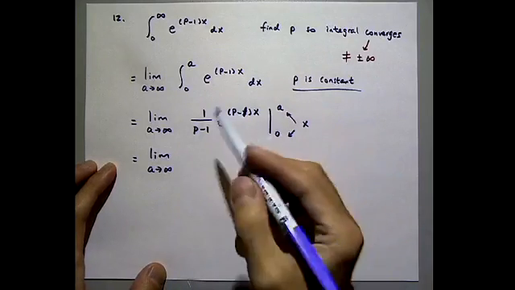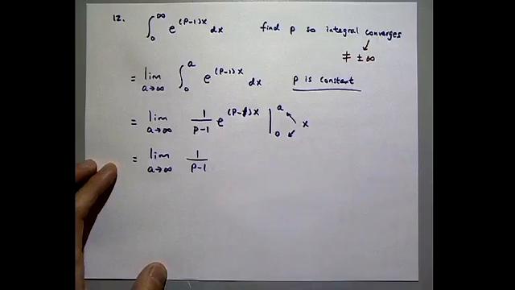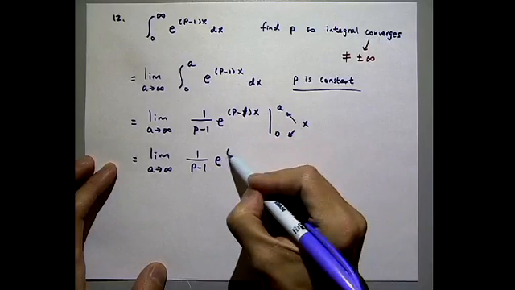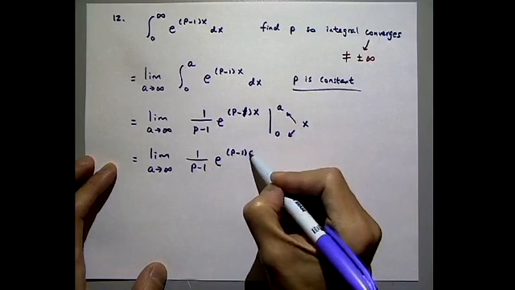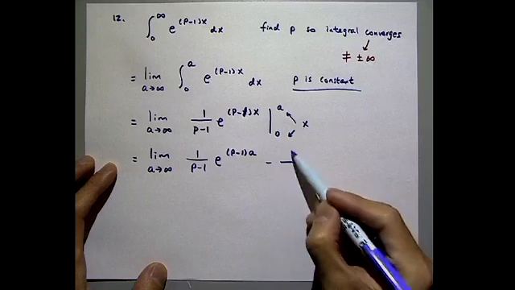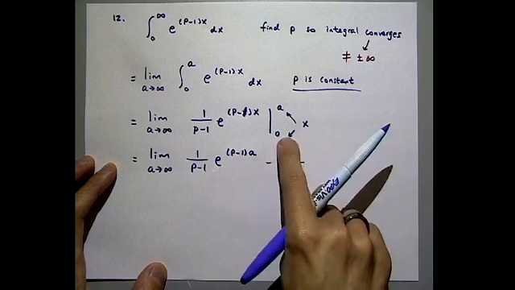So when I evaluate this, I get 1 over p minus 1, that's some number, times e to the p minus 1 times a, minus 1 over p minus 1, e to the 0, which is a 1.